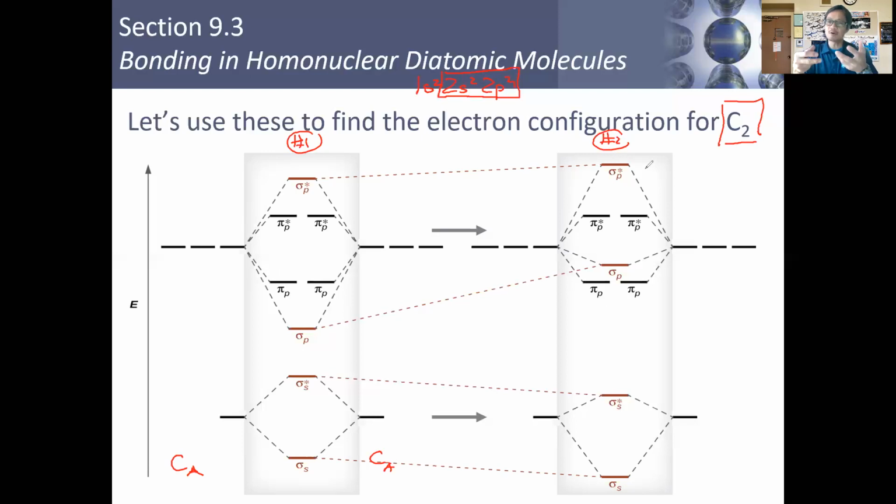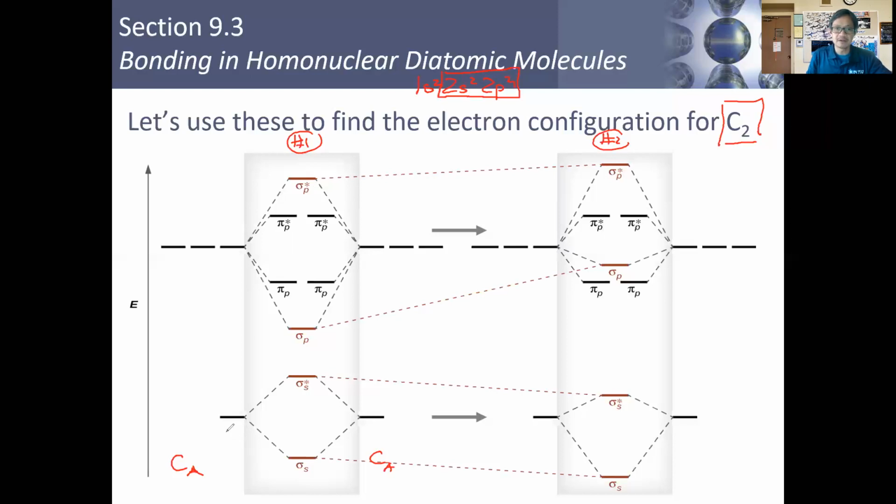Unlike the atomic orbitals, where we really only have one way to order them, with the molecular orbitals there are 2 possible ways to arrange them. But again, we're just going to fill in these molecular orbitals here. All right, so let's go ahead and fill in what we have here.